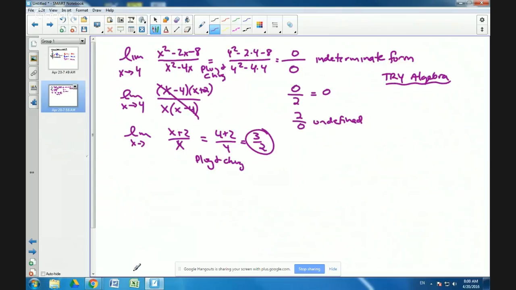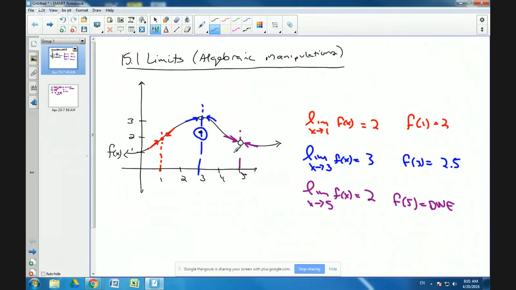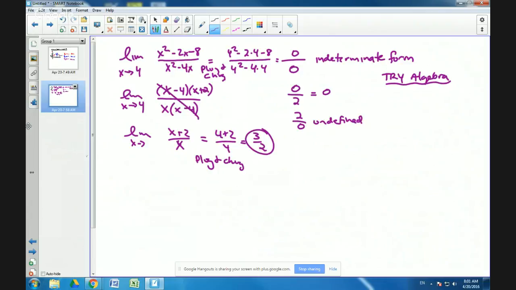We got, plug and chug gives you an indeterminate form. Try to factor it. Then plug and chug again, you might get an answer. But basically what you've done here is, there's a hole in the graph. You've taken the hole away. You've basically taken the factor out that causes that to happen. So there you go. All right.